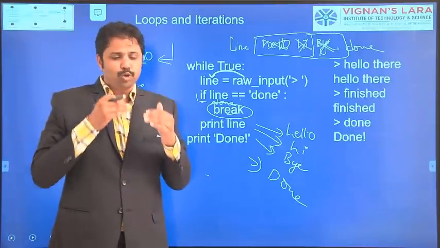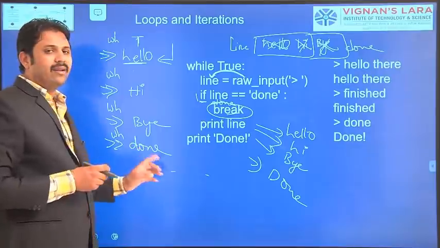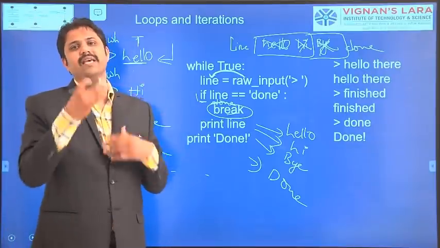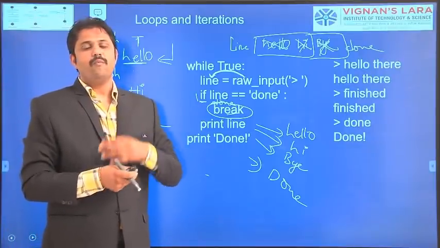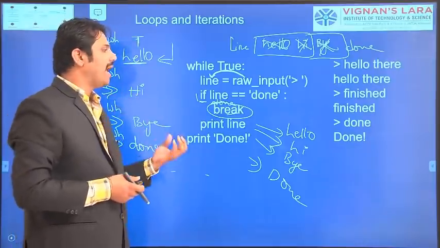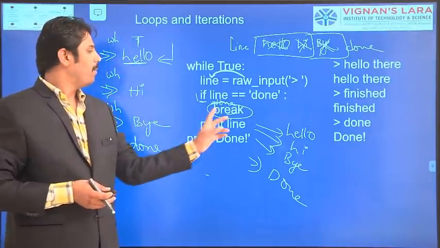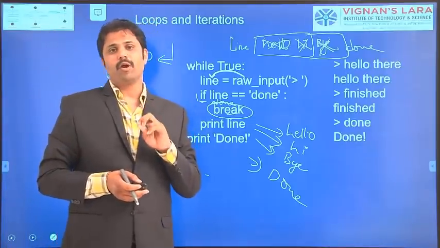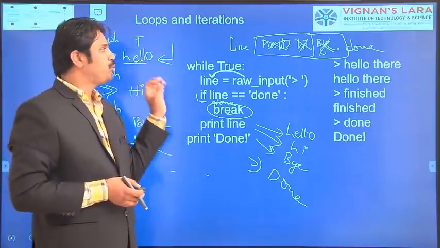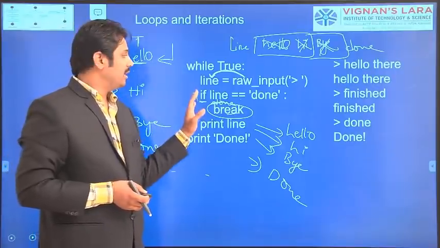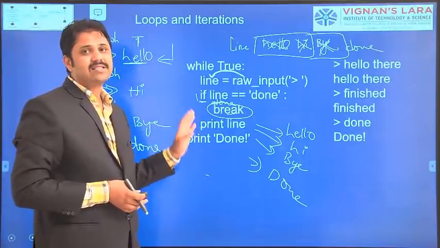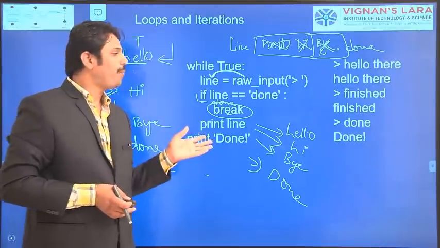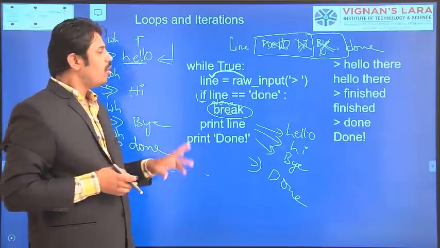Up to your typing done, it continuously asks for the next word. Whenever you type done, it breaks out of the loop. So you have to keep in mind that a while loop should definitely have some end. It should not be indefinite.